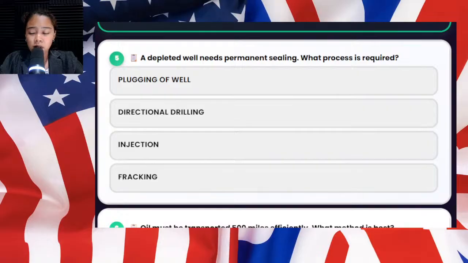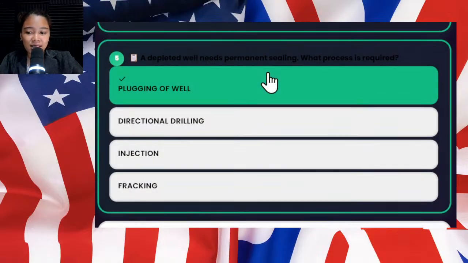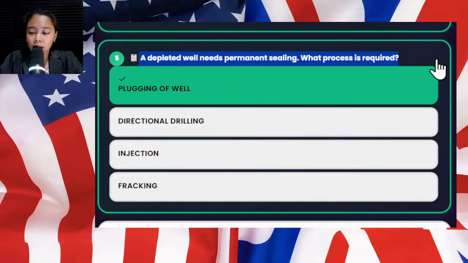So the only option left is plugging of well, and that is the correct answer. Plugging of well refers to the permanent sealing of a depleted well.